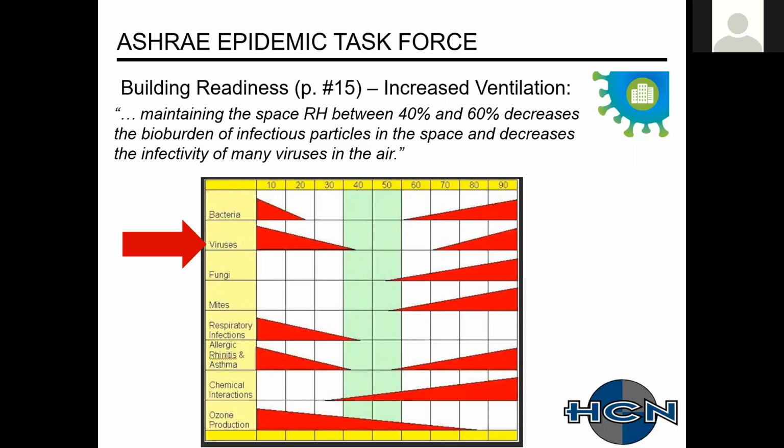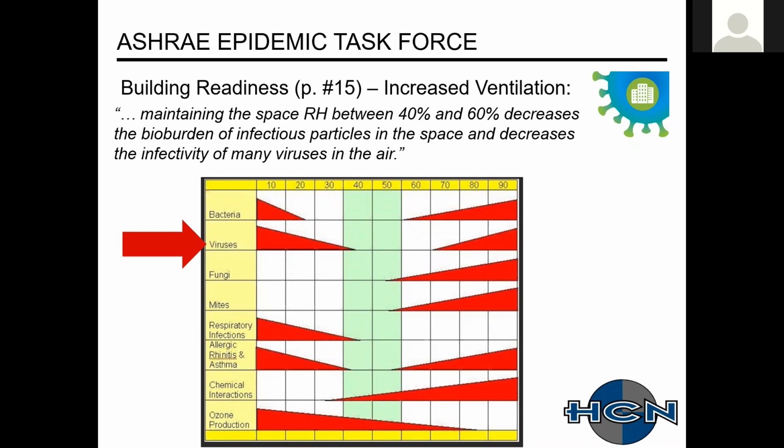On the x-axis at the top, it has the percentage of RH going from 10 up to 90. On the y-axis on the left, we have a bunch of different things that are not good for occupants. I've just highlighted viruses once again because that's what we're greatly interested in today.